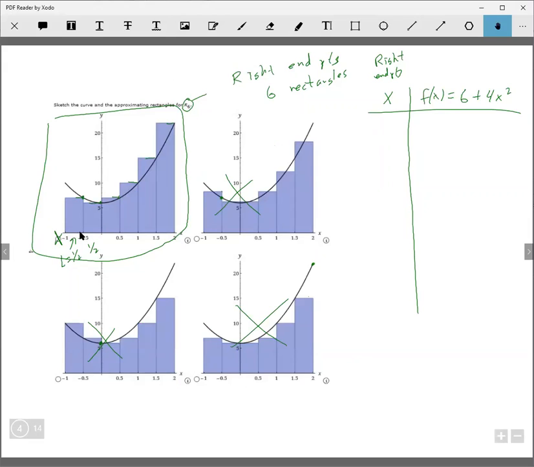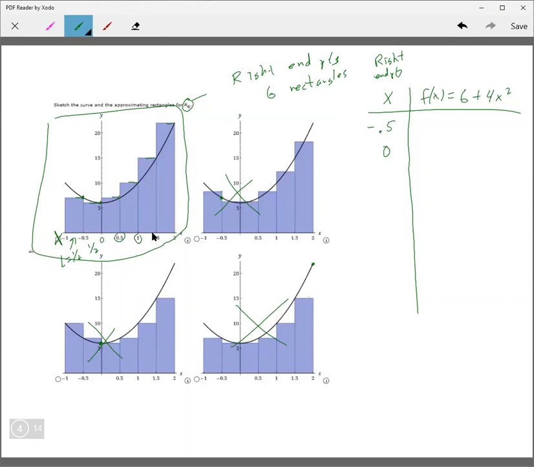So the right endpoints: this is negative 1/2, this one is 0. These are the right endpoints right here: 0.5, 1, 1.5, and 2.